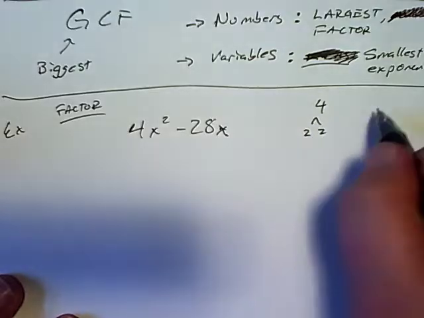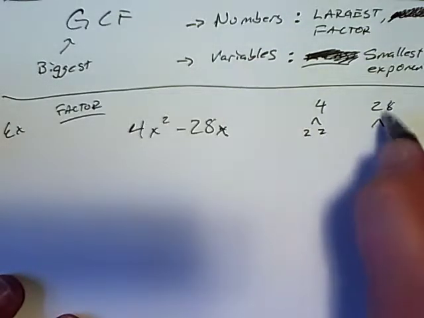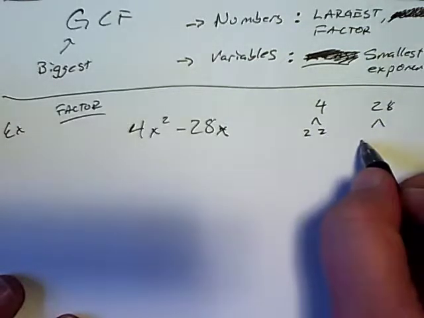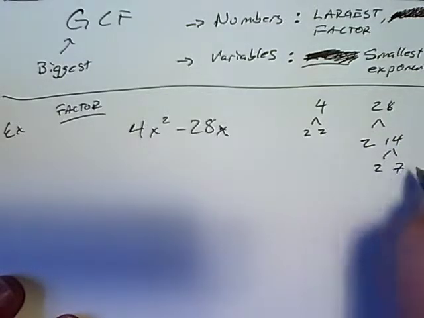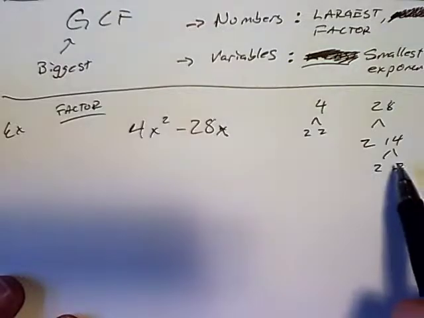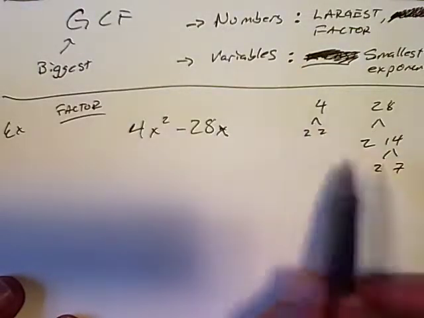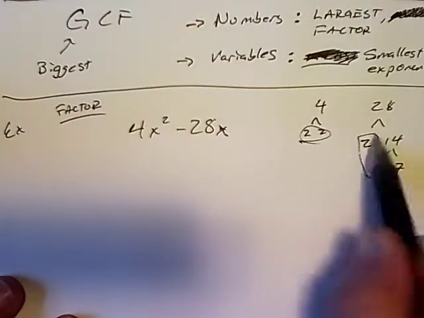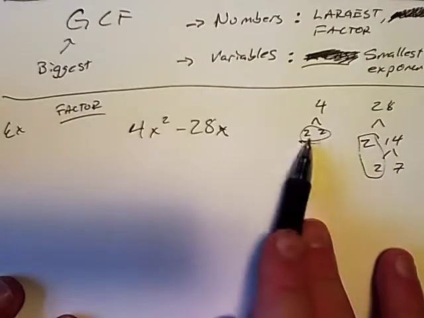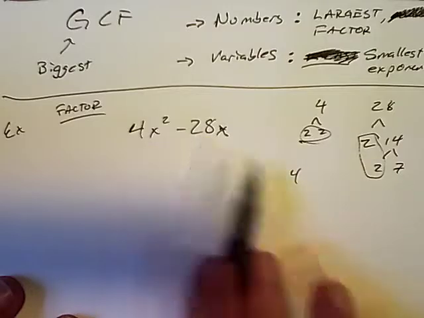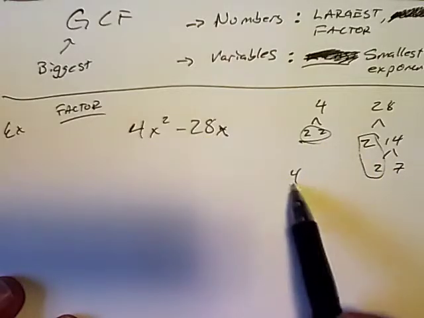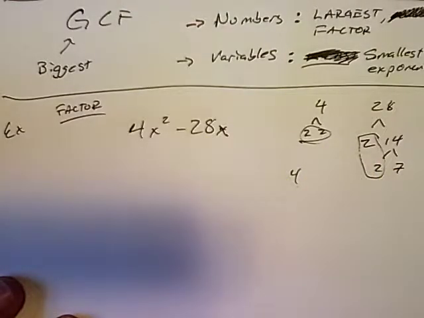That might be some help. But 28 breaks into 2 and 14, 2 and 7, and that's as far as I can take it. So what all do they have in common? Well, they have a pair of 2's, and 2 times 2 we know to be 4. So between the 4 and the 28, I know that they have a 4 in common.